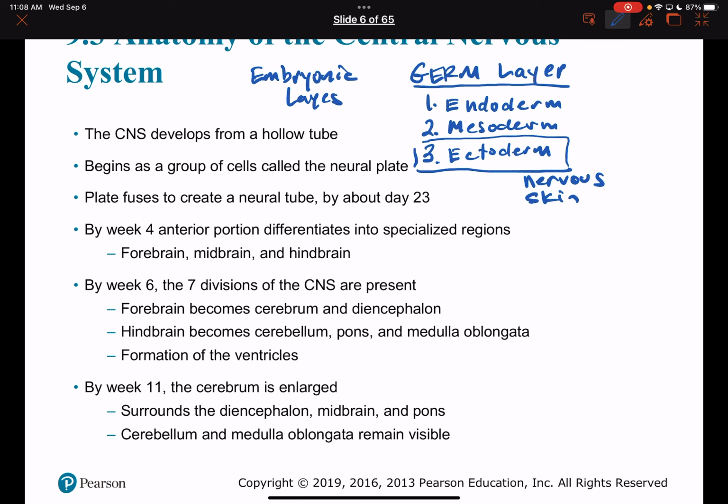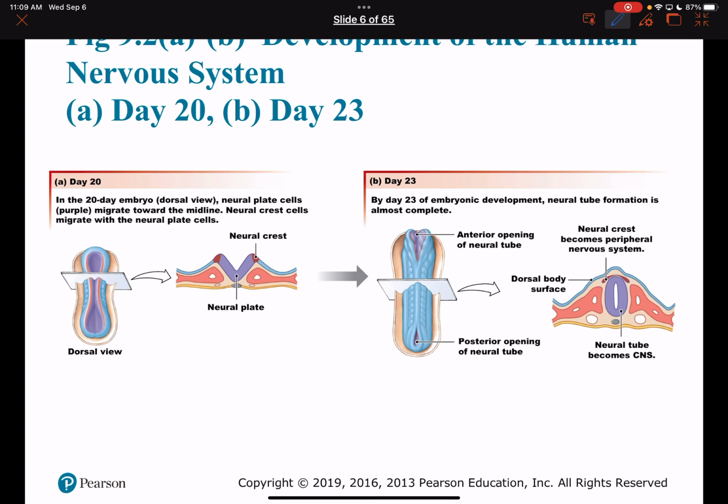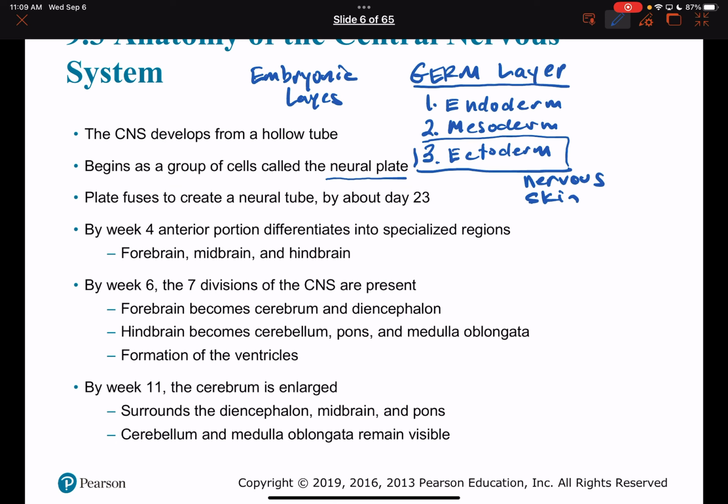In terms of what we need to know about nervous system development, we need to understand, one, it's ectoderm derived. So as we're a ball of cells and ectoderm is growing on the outside, eventually what we'll get is something called a neural plate. I believe on the next slide there'll be a neural plate. This thing is your neural plate. So that's all ectoderm type tissue. The next couple of things it's going to show are what then develops.